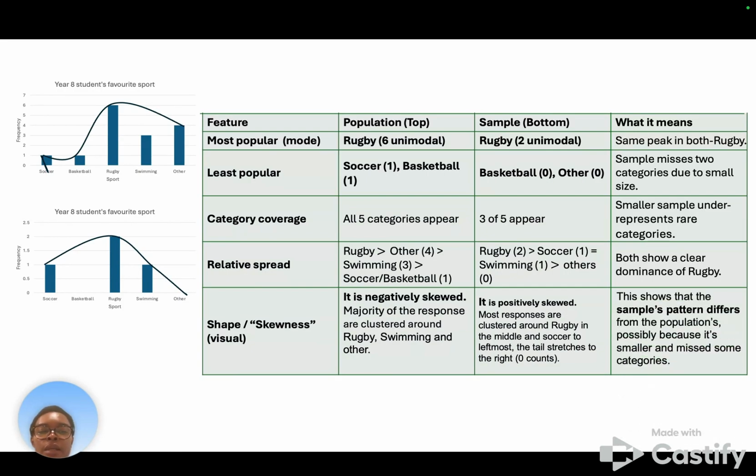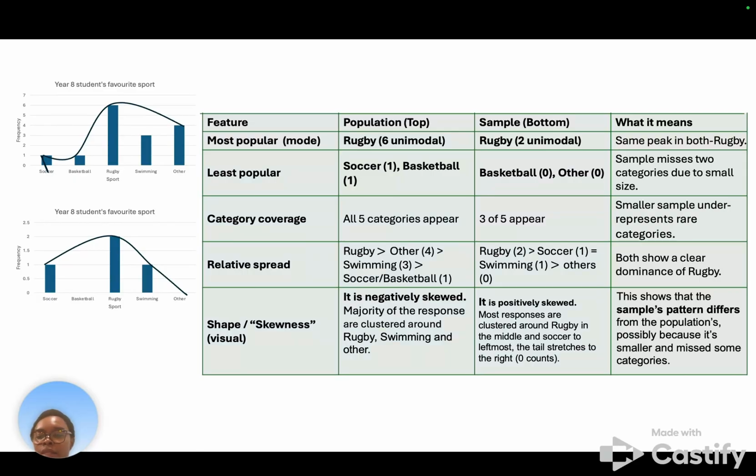This means that the population graph and the sample graph do not have the same pattern. Okay, they do not have the same pattern, and again, that is usually because the sample graph misses out on some categories, or the sample graph is too small to properly represent the full collection of data.